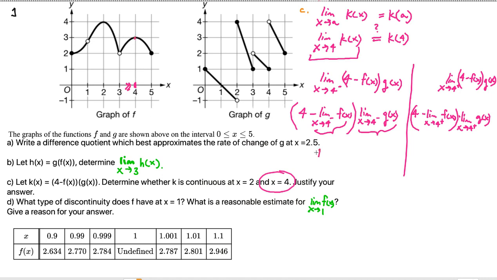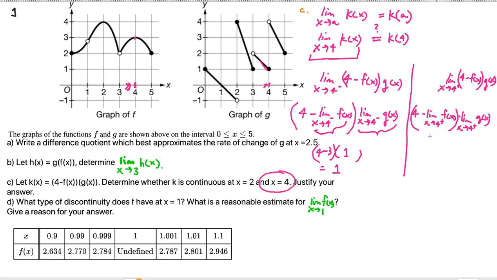So this is 4 minus 3 times the limit as x goes to 4 from the left of g of x. Coming from the left, I'm getting closer and closer to 1 for g. So 4 minus 3 is 1, 1 times 1, and I have the value for the left-hand limit equals 1.